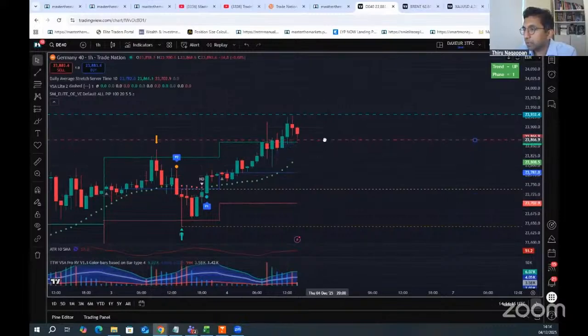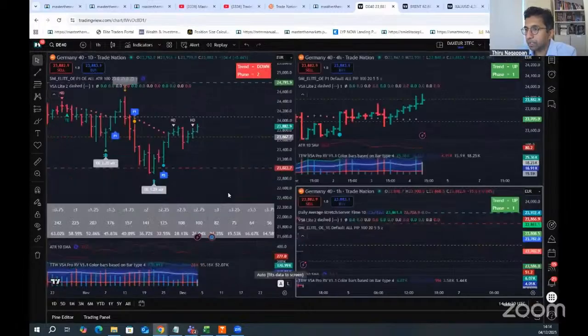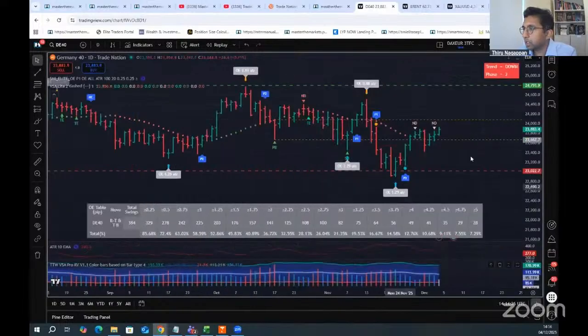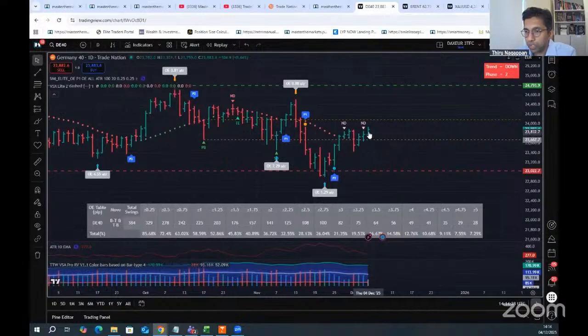Now in terms of target placement, let me take a look at this. If we don't get our setup, we just got to sit on our hands tight. Now you see over here, yesterday's ATR was 300, wasn't it, traders? So 300, 80% of that is about 240.